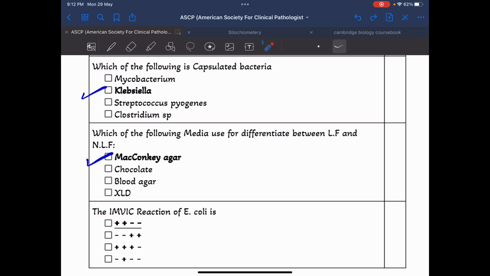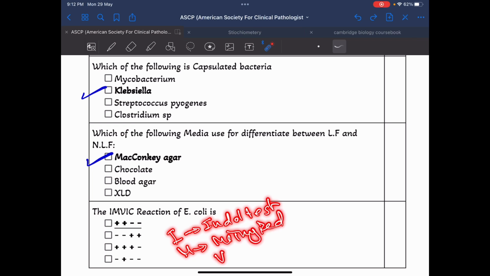The IMViC test reaction of E. coli is plus plus minus minus, minus minus plus plus, plus plus plus minus, minus plus minus minus. The IMViC test is: I for indole test, M for methyl red, V for Voges-Proskauer test, C for citrate.